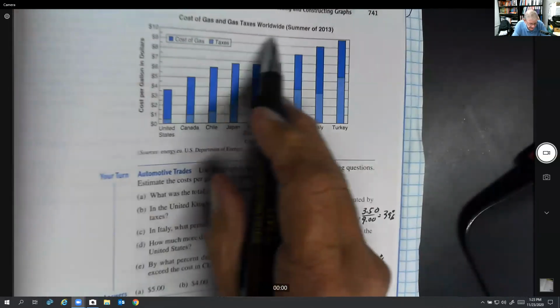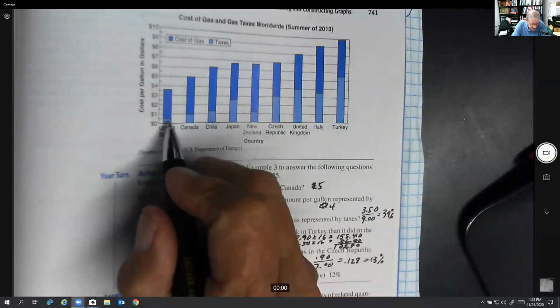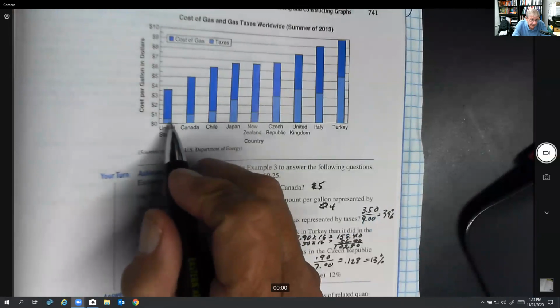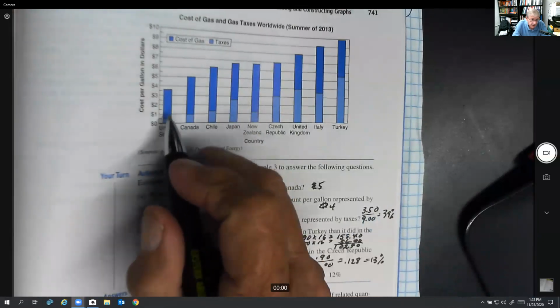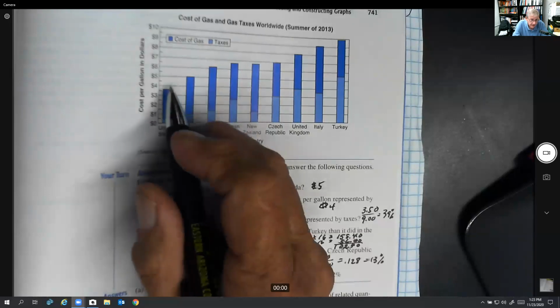This was gas consumption, cost of gas, and the gas taxes worldwide. The lighter shade is the tax on the gas, and this would be the price of the gas without the tax, and then the total height is the combined total.